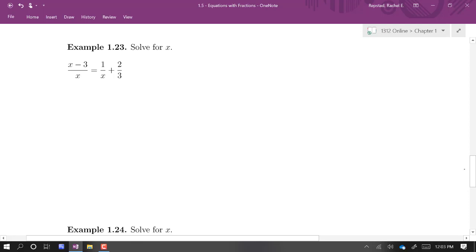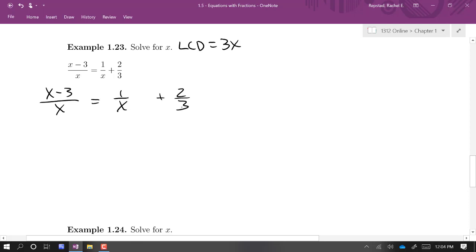The first thing we want to do is identify the LCD. That's going to be fairly simple in this case because the denominators are already factored. So here the LCD is 3x. I need a factor of 3, I need a factor of x, and that takes care of all of our denominators. I'm going to rewrite this, leaving some space, basically.